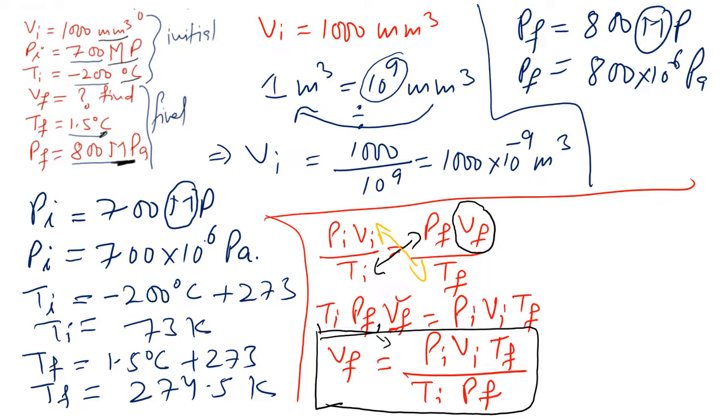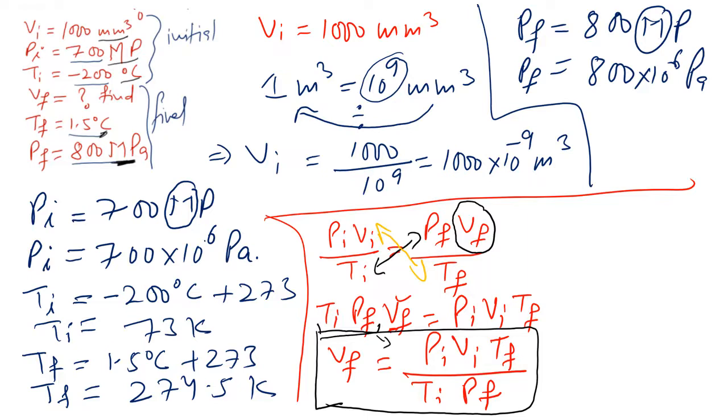This pressure is given 800 megapascal. So this mega we have to change. So this is 800 multiplied by 10 to the power 6 Pascal. So this is the value of the Pf. Now we will use the formula, the rule for this.